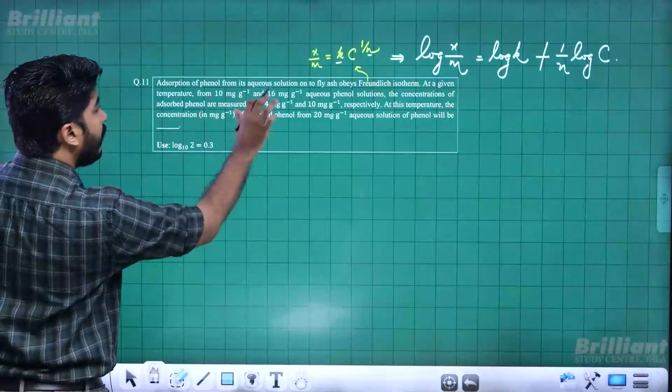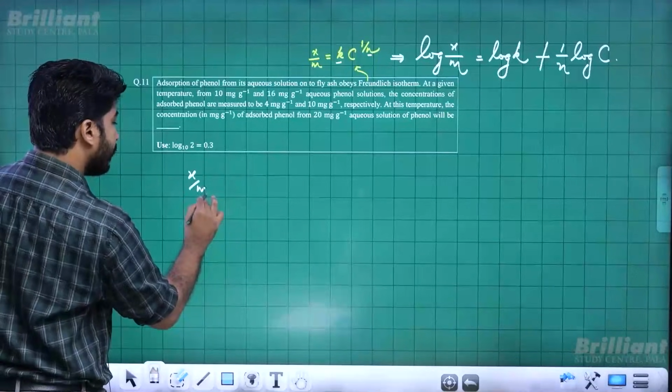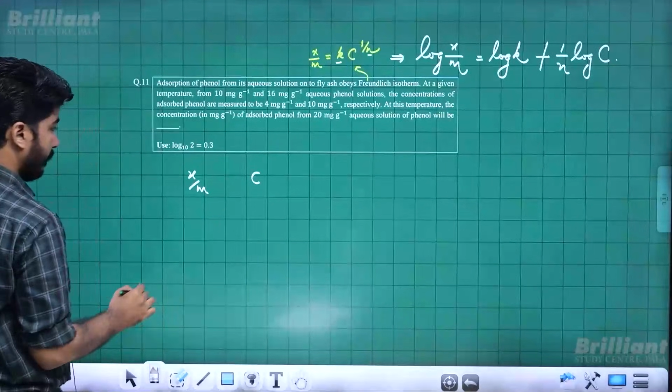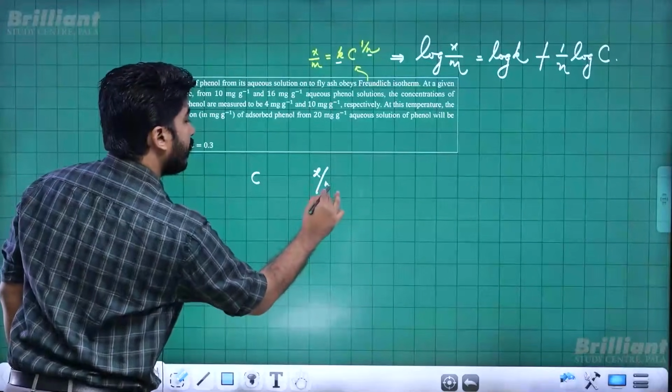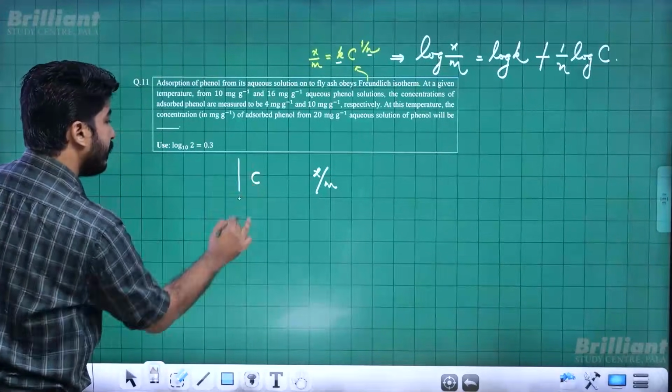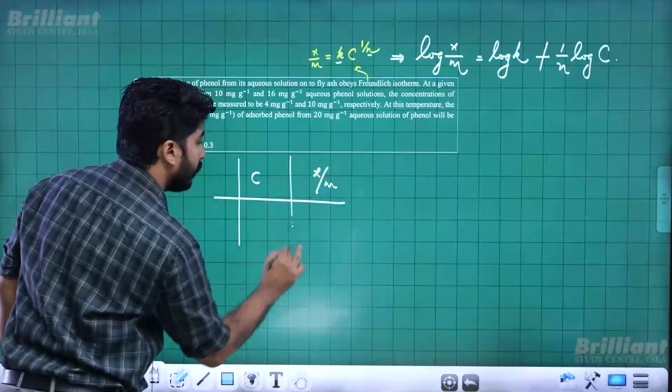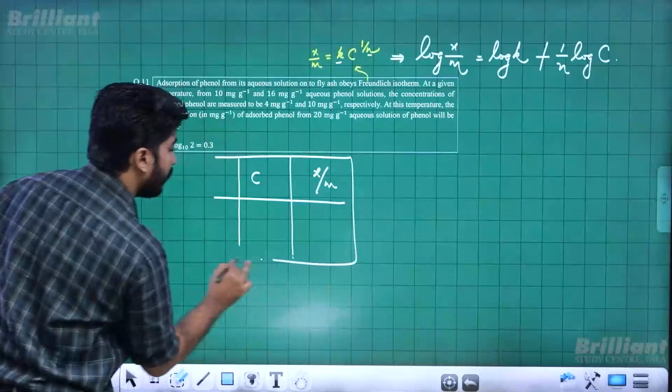So let's tabulate the given data first. Let's first mention C and then X by M in the sequence of the experiment.